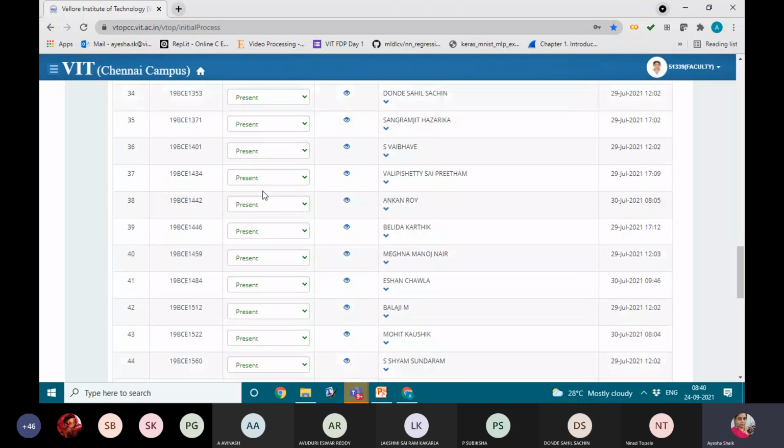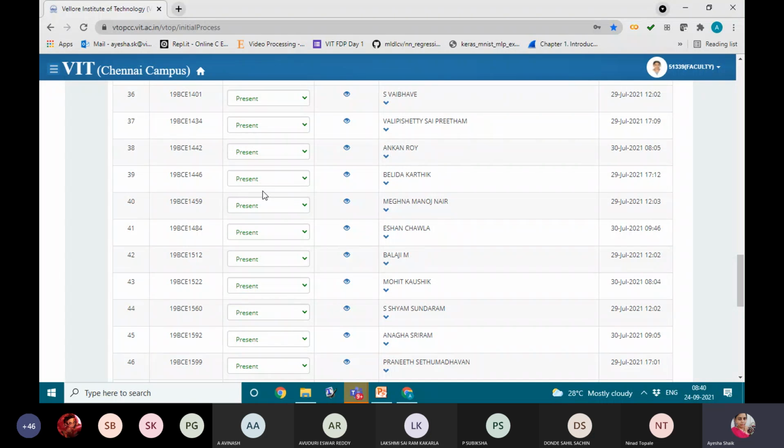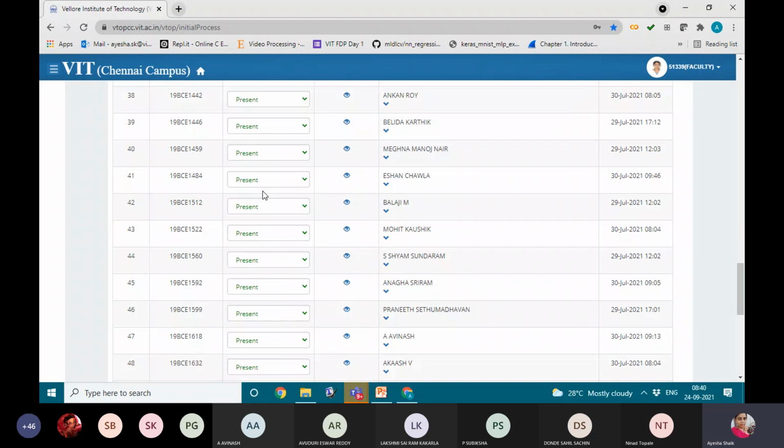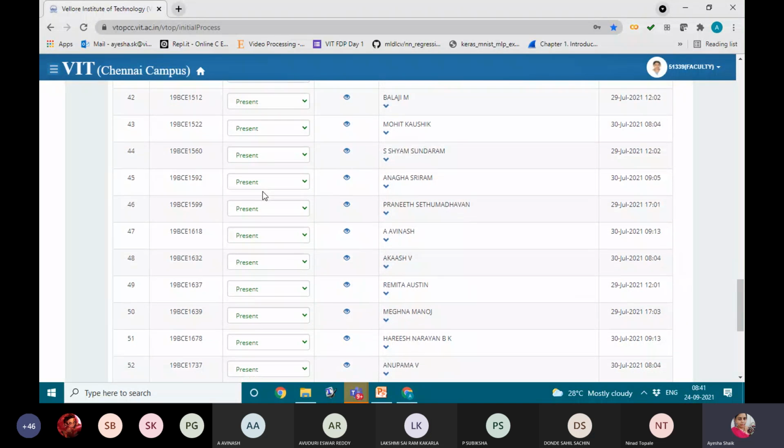Sangramjit, present. Vaibhav, present. Sai Pritam, present. Ankan Roy, yes. Karthik, present. Meghna, present. Ishan Chawla, present. Balaji, present. Mohit, present. Shyam, present.